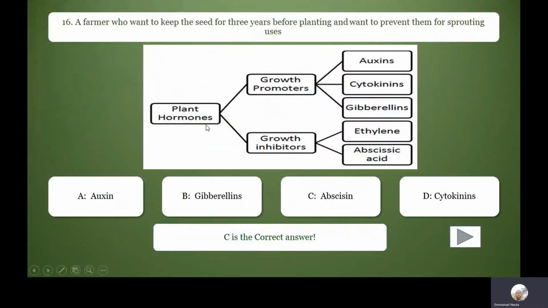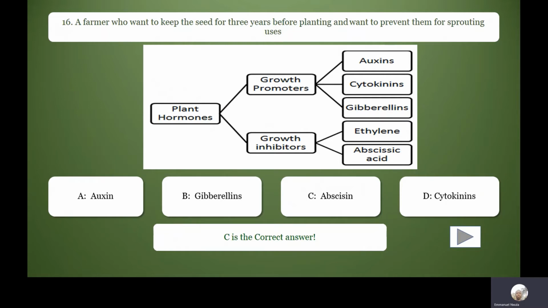A farmer who wants to keep the seed for 3 years before planting and wants to prevent them from sprouting uses, the correct option here is C, abscissine.